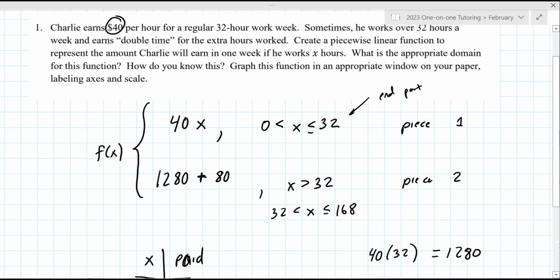But here's the thing, if he works 33 hours, we want it to be 1. If he works 34 hours, we want it to be 2. And so on, right? So the way you do that, it's kind of non-obvious, is you have to subtract out the base number of hours.